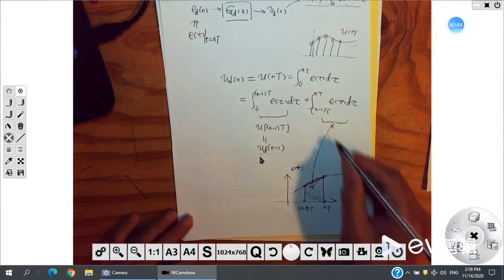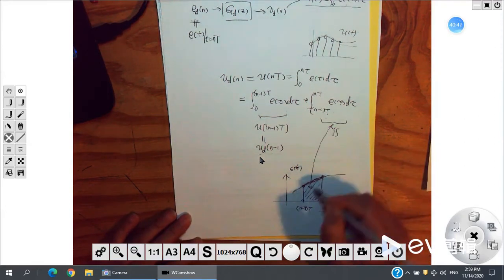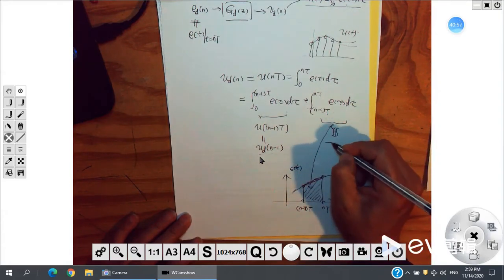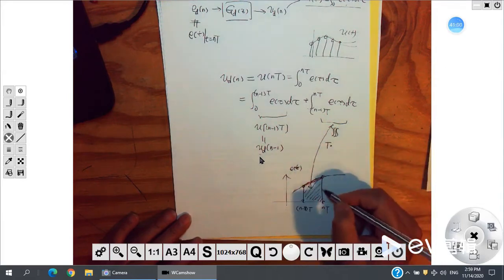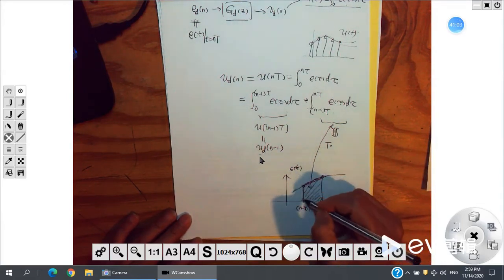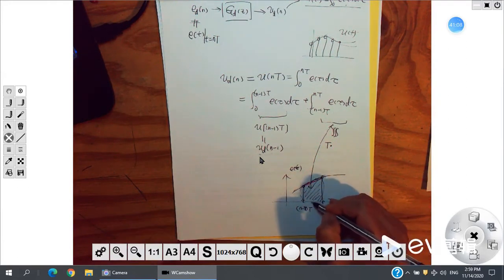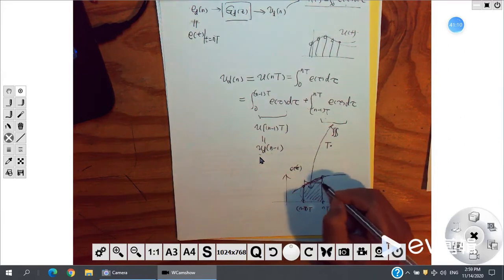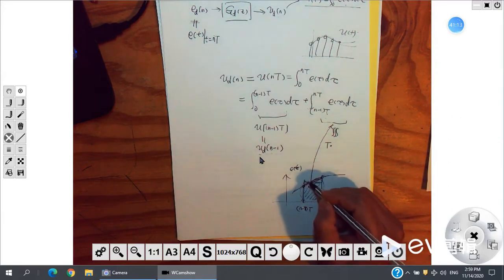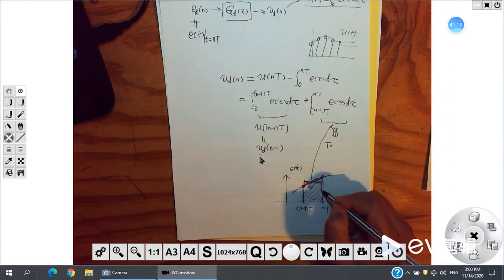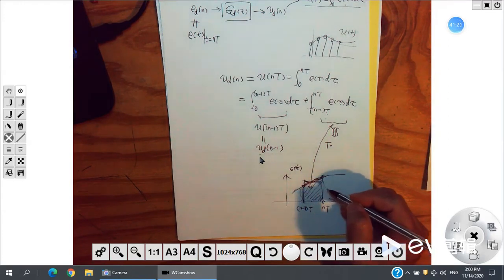Then we can say this one approximates the area of this part. The length here is T, right? Approximately T times, and for this part I need the average of these 2 values. Yeah, the area should be like this, right? You move these to here. So the whole area and this rectangle should have the same area.